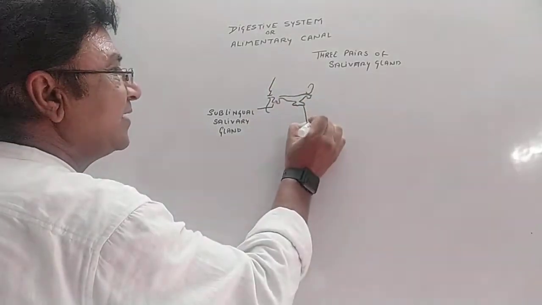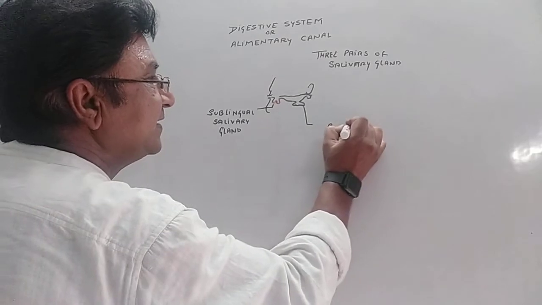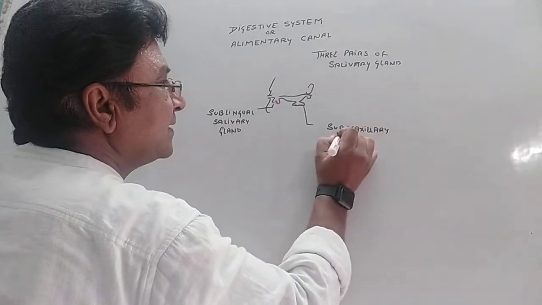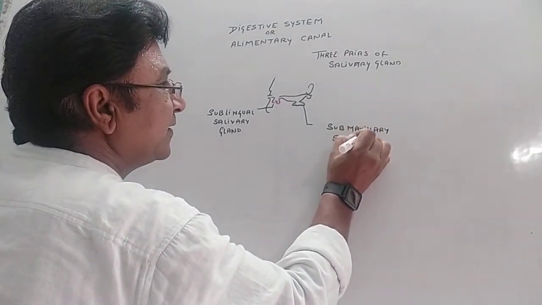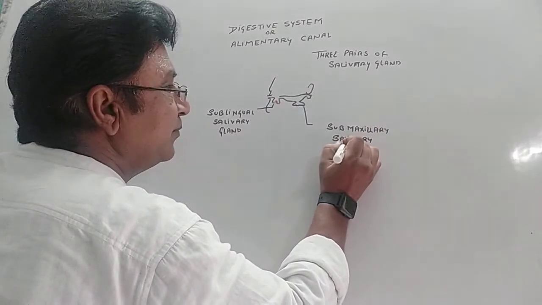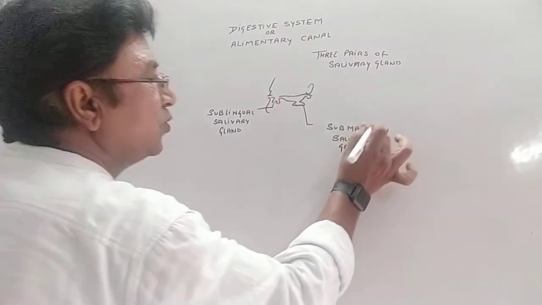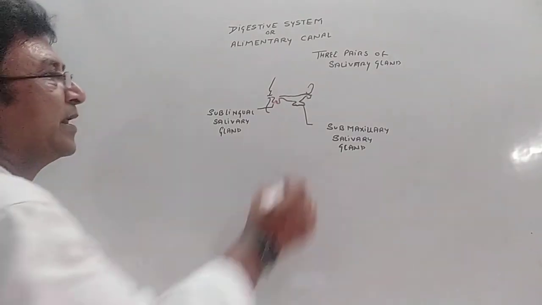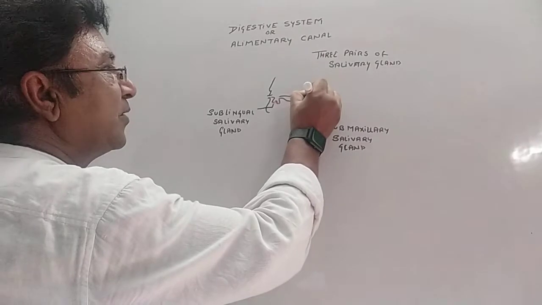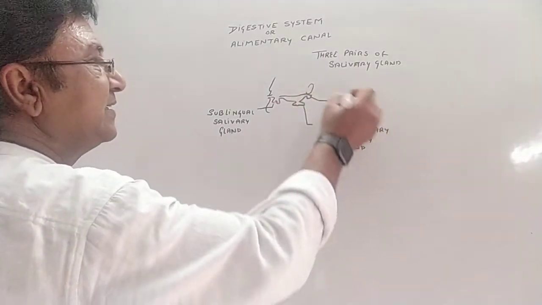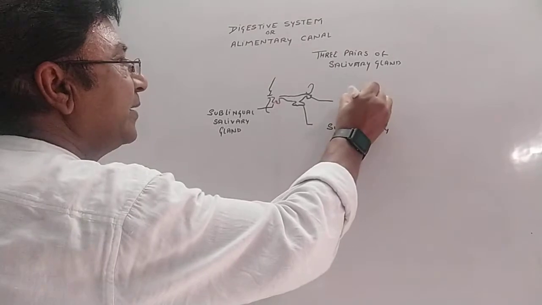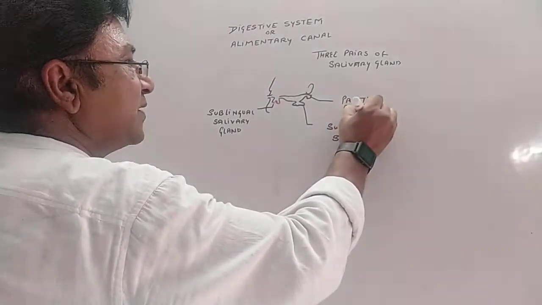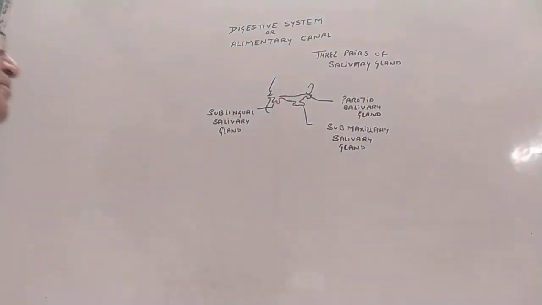And this is the gland which is called the submaxillary salivary gland. Sub means below the maxillary bone, which is also called the cheekbone. And there is a pair of glands just below the ear. These are called parotid glands, parotid salivary glands. So first you remember the name and then the position.